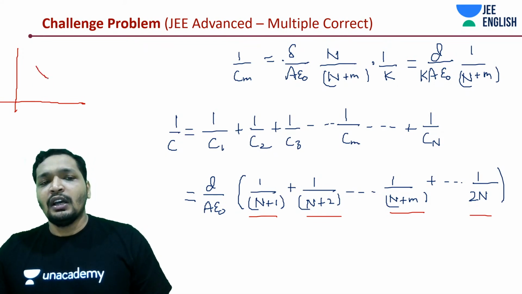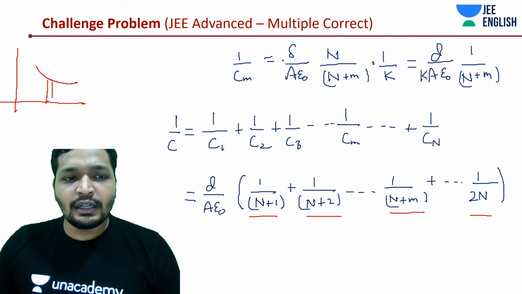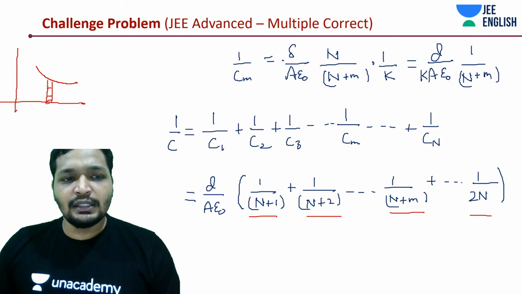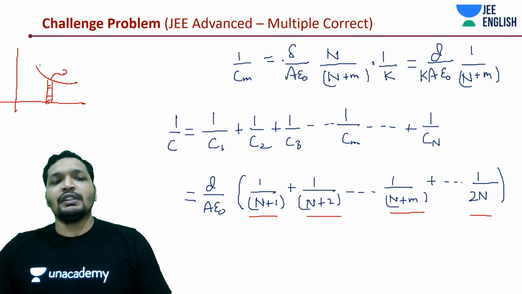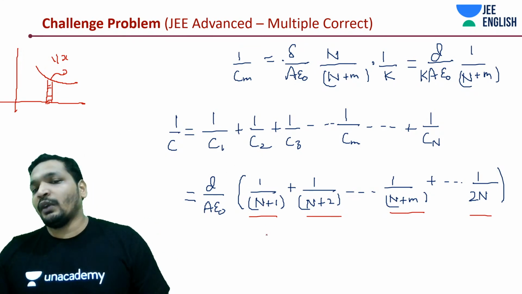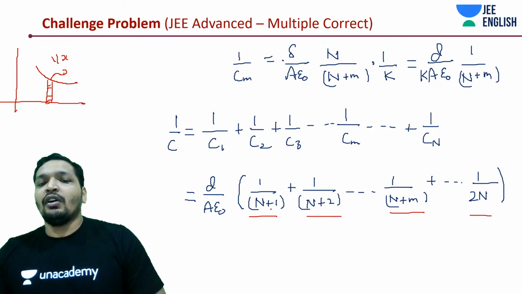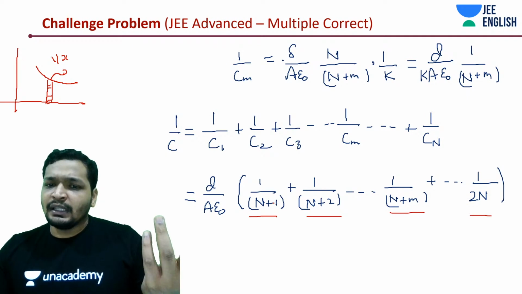It will move on, and if I had to calculate the area of each piece, I would simply do this. If this is 1 by x, then n is equal to x or something like that.